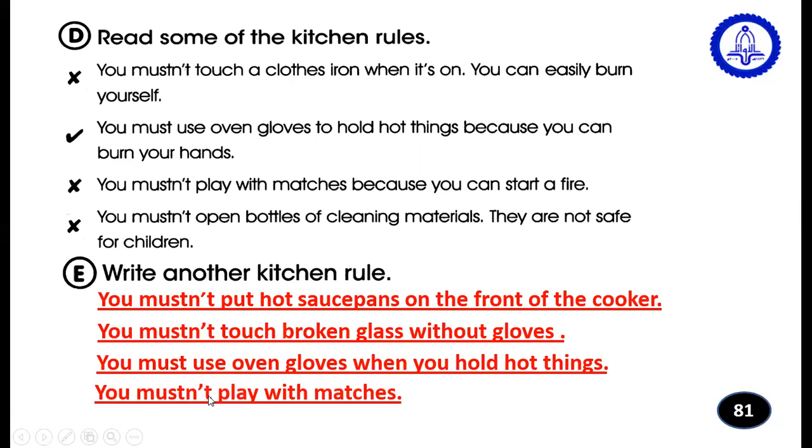Finally, you mustn't play with matches. Remember, mustn't means must with not. يجب أن نتذكر أنها مختصر لـ must مع not ويأتي بعدها فعل مجرد.